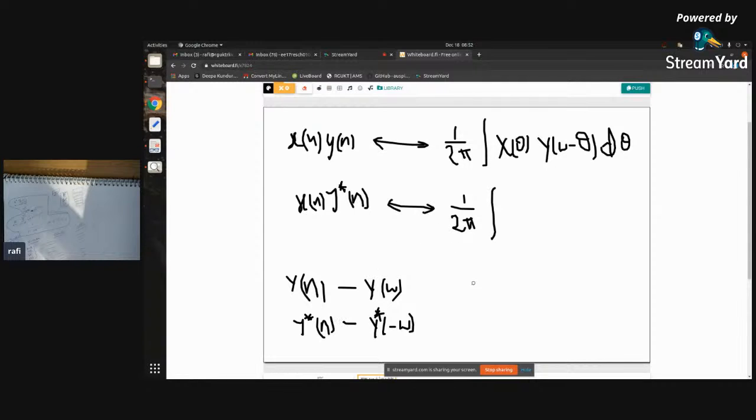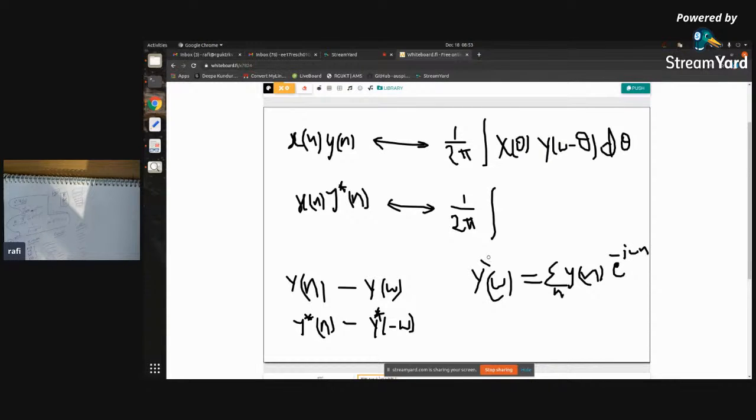How? For example, y of omega is the summation over n of y of n e power minus j omega n, which is the DTFT.